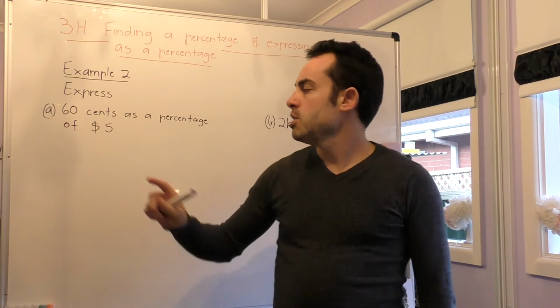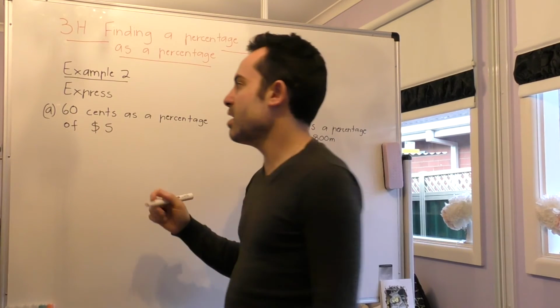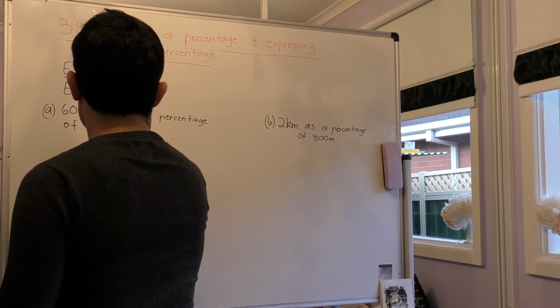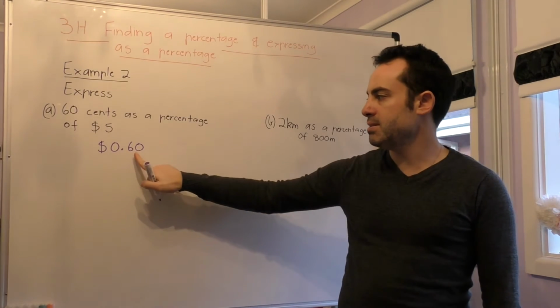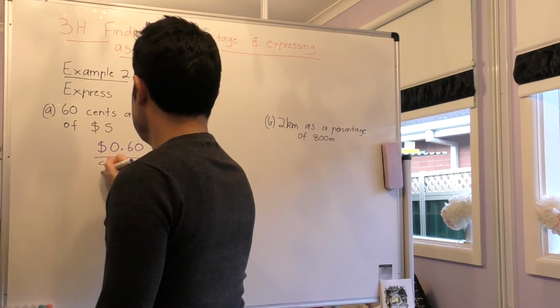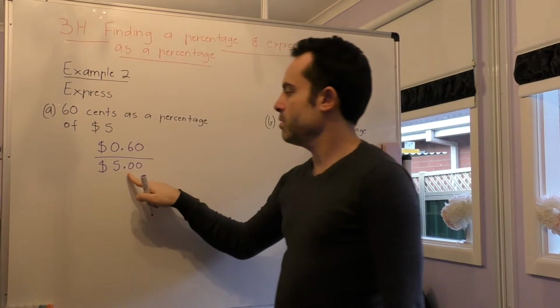So I would write that as $0.60 divided by $5.00.